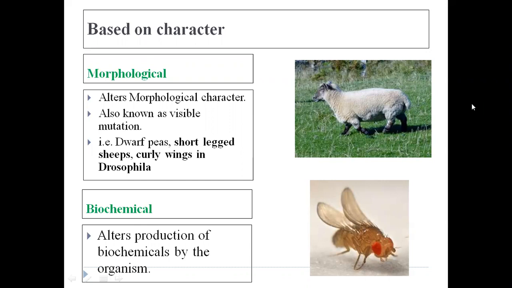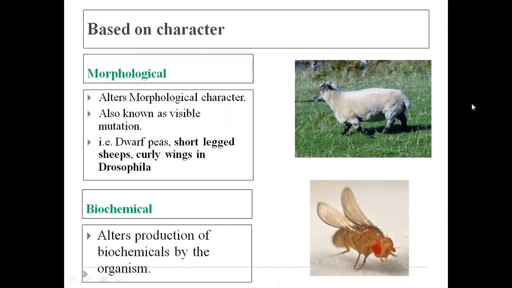In continuation with the previous video, we are going to finish today hopefully the source and the types of mutation based on the different conditions. Here, based on the character, you can see there are some mutations based on the morphological character.